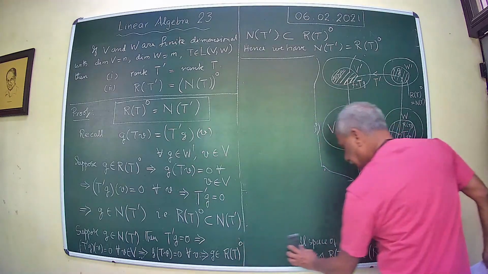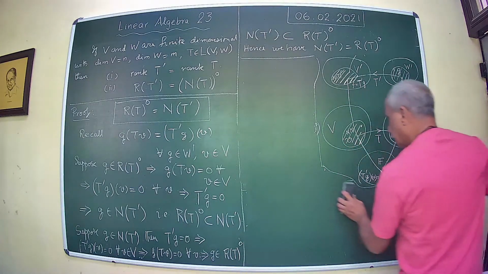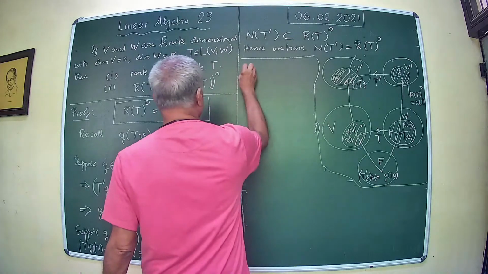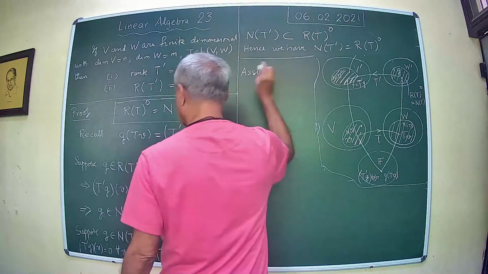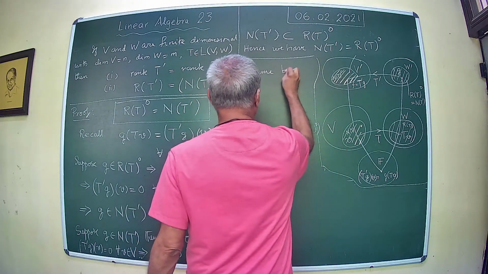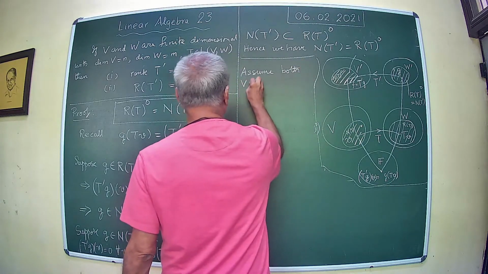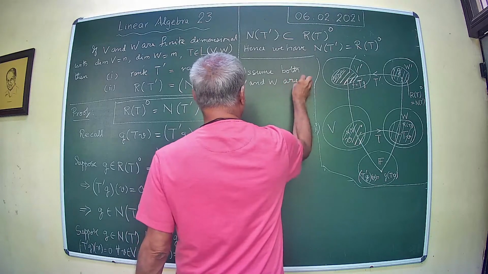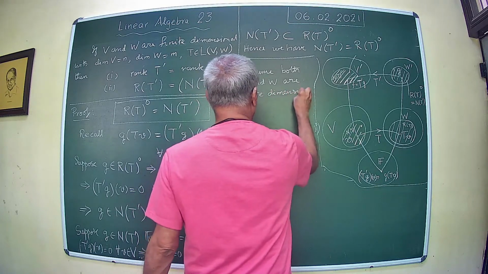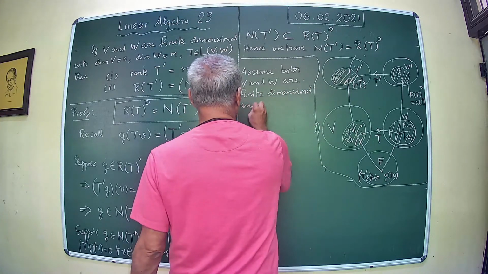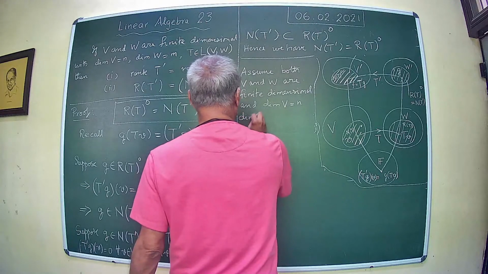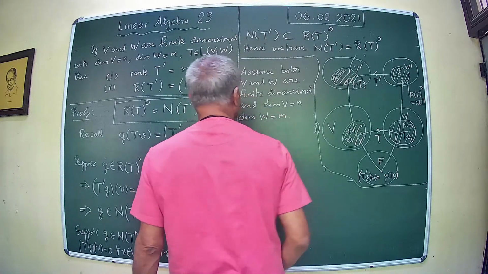For the rest of the results, we require the finite dimensionality of V and W. Now assume both V and W are finite dimensional, with dimension of V equal to n, dimension of W equal to m. This is the assumption.